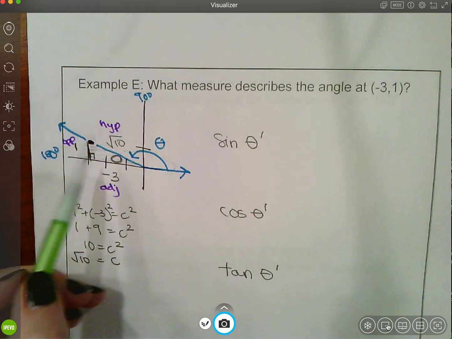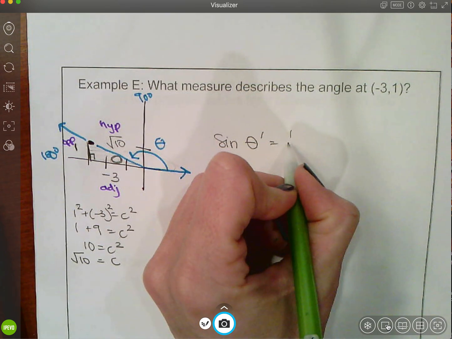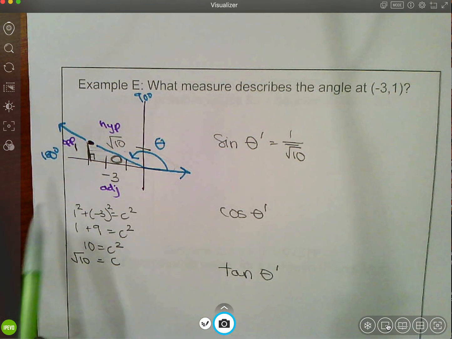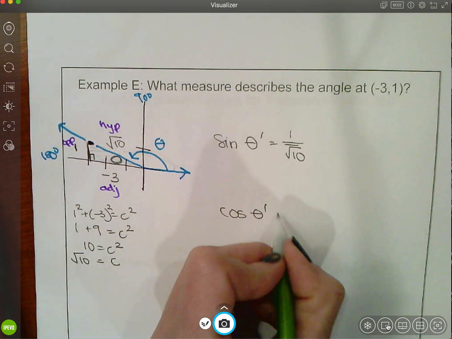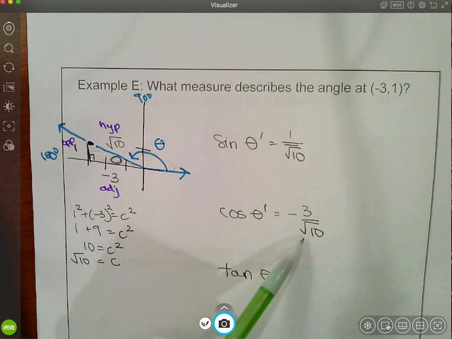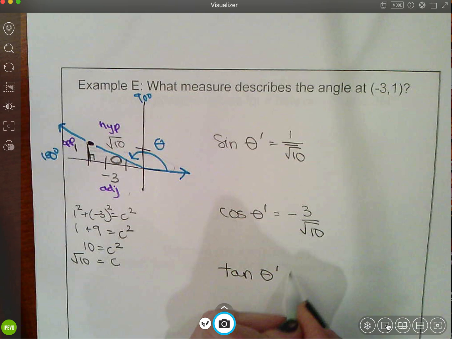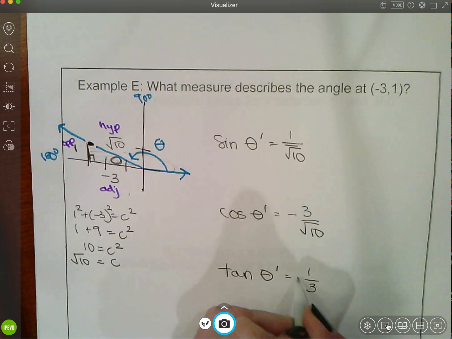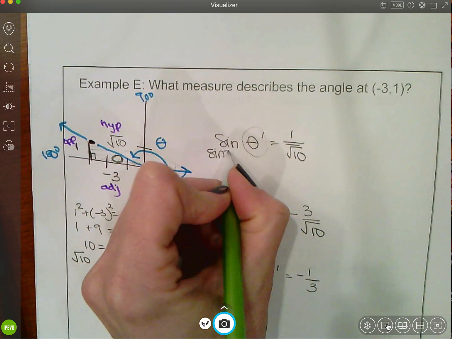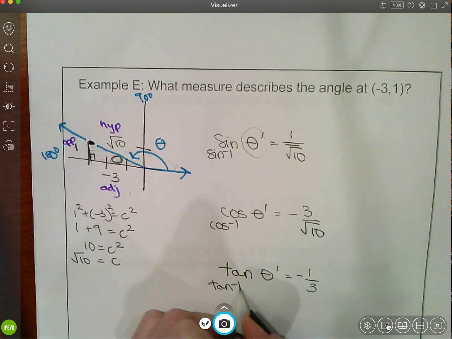So when we look here, sine opposite over hypotenuse, 1 over square root of 10. Don't bother putting that in proper form now. It just doesn't matter. Cosine is -3 over square root of 10. We won't bother rationalizing that either. And then tangent opposite over adjacent is a 1 over a -3, so a -1/3. To find these angle measures, we'll do the inverse sine, the inverse cosine, and the inverse tangent to both sides.